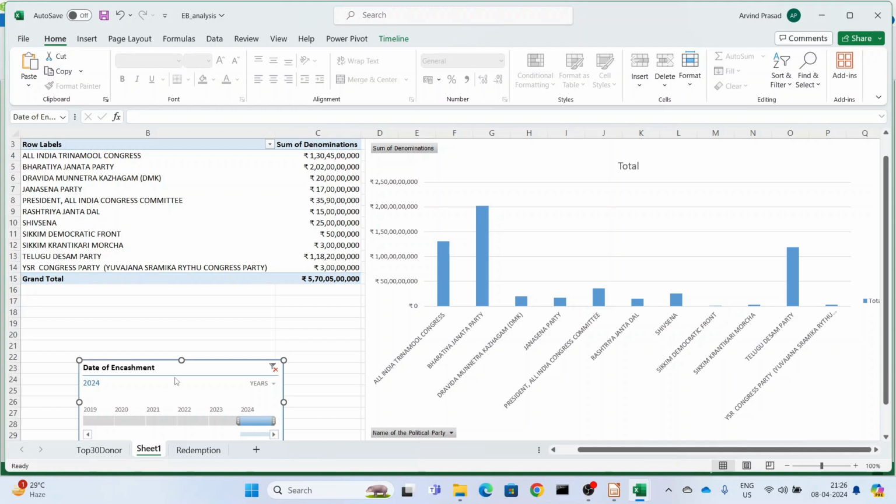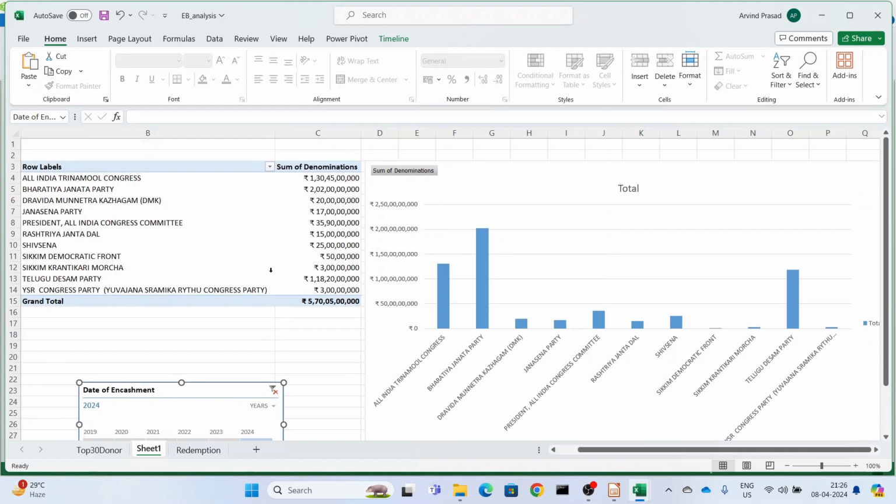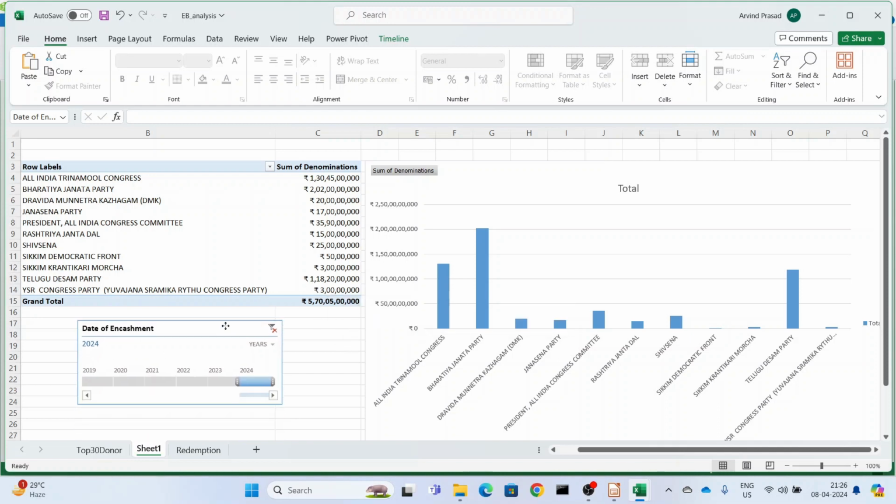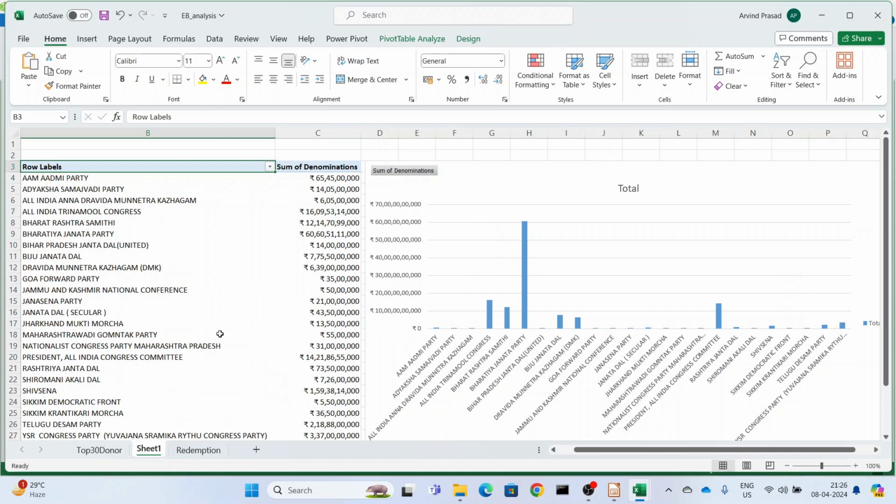And it's not less. If you look at the entire timeline, okay. So if you want to know what was the entire timeline donation received, that is from 2019 to 2024, then let's delete this off. And let's have a look at this and take this data.